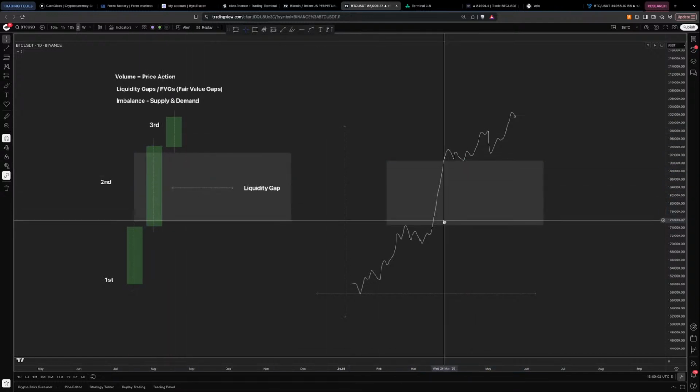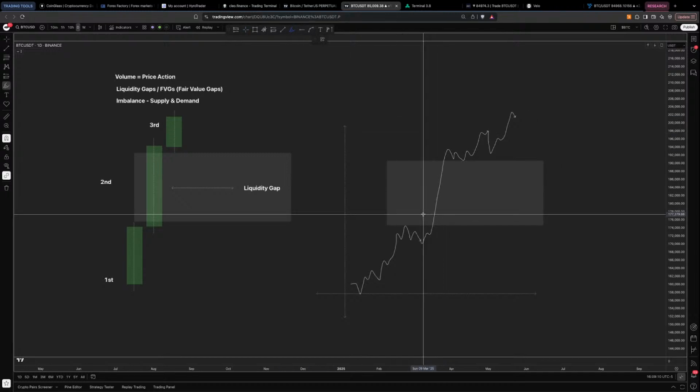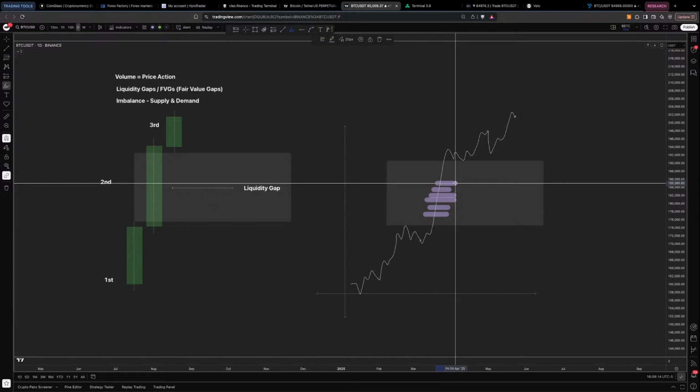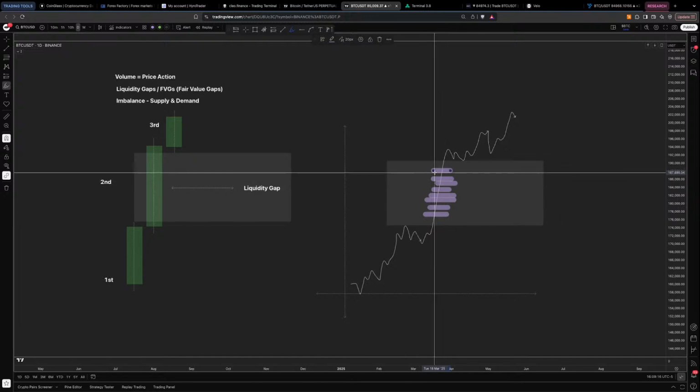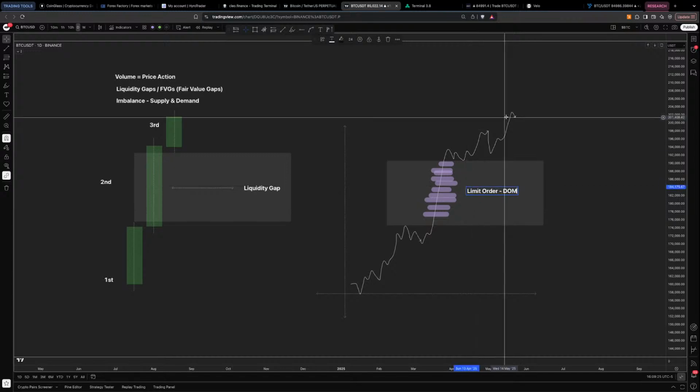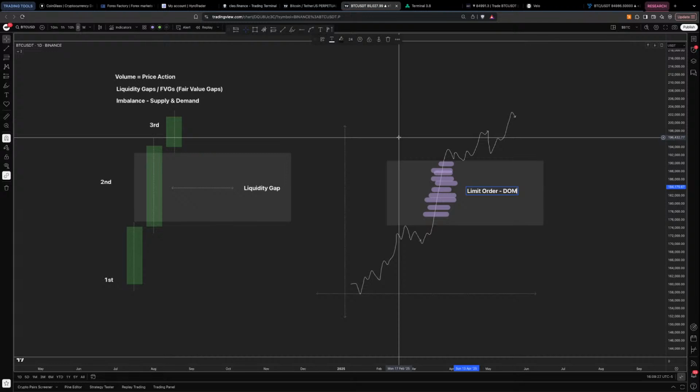All right, why did this happen? Because all of a sudden people turn bullish, and there was not enough resting liquidity orders here. What I mean by resting liquidity are basically just limit orders in the order book, on the depth of market chart.